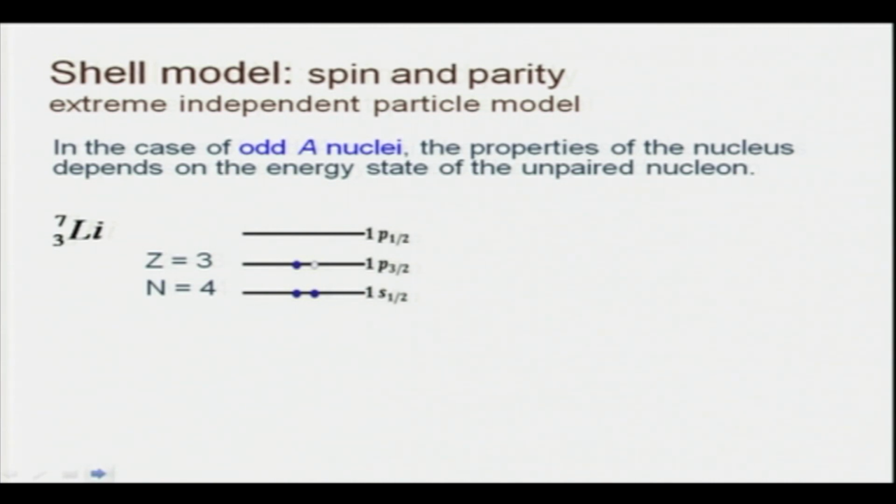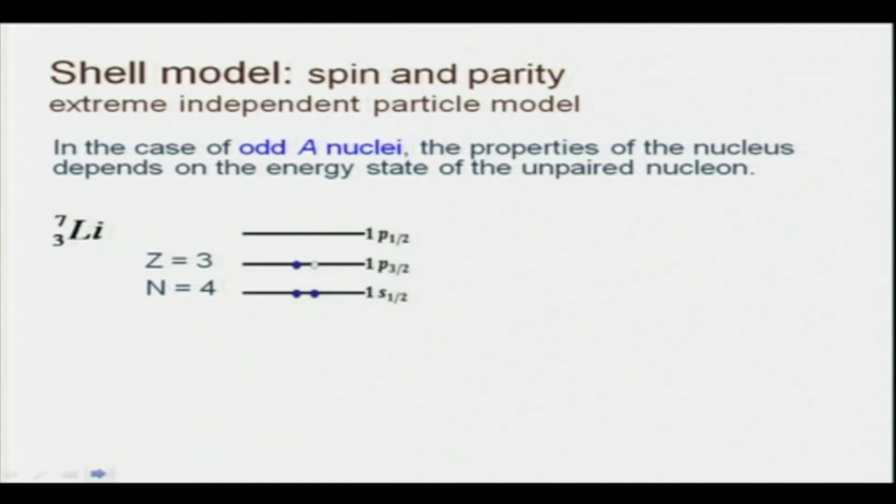And according to the shell model with Woods-Saxon plus the spin orbit coupling, the 2 paired protons are in the 1s half state, and the unpaired proton is in the 1p j equal to 3/2 state.